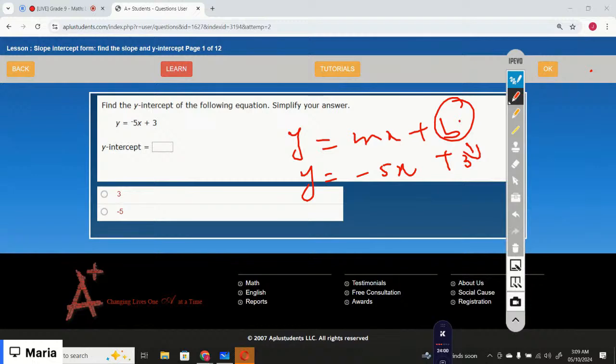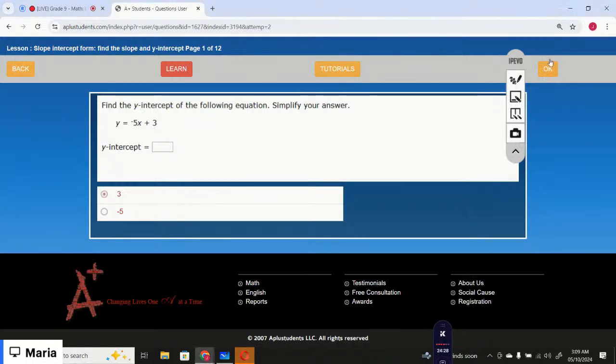Got it? The y-intercept is 3. Option number 1 is the correct option.